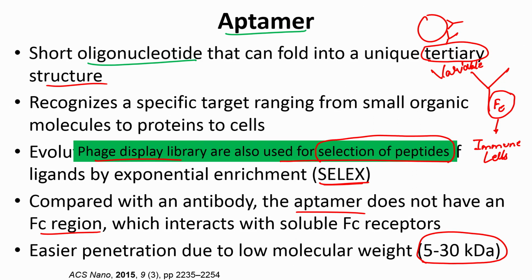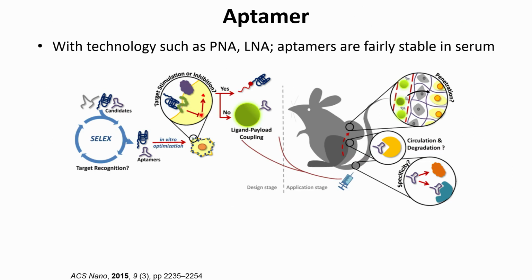So, let us see how SELEX works. So, here is your SELEX. What you can do is have a library of lots and lots of aptamers. Let us say this is a library of aptamers, and you then put your target in that library and screen if anything is binding to your target.